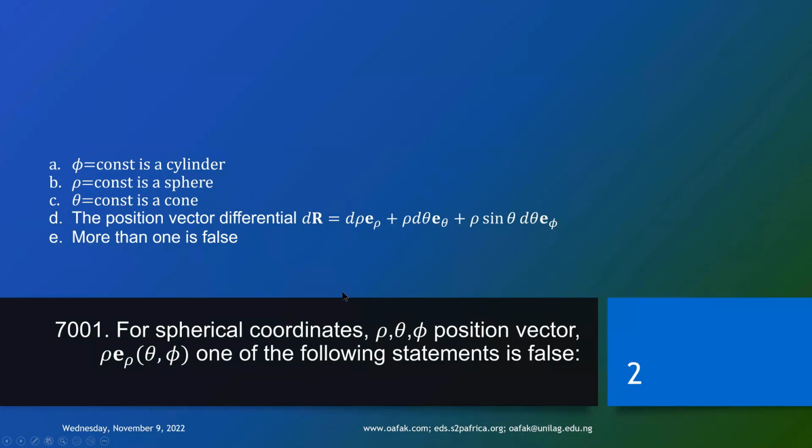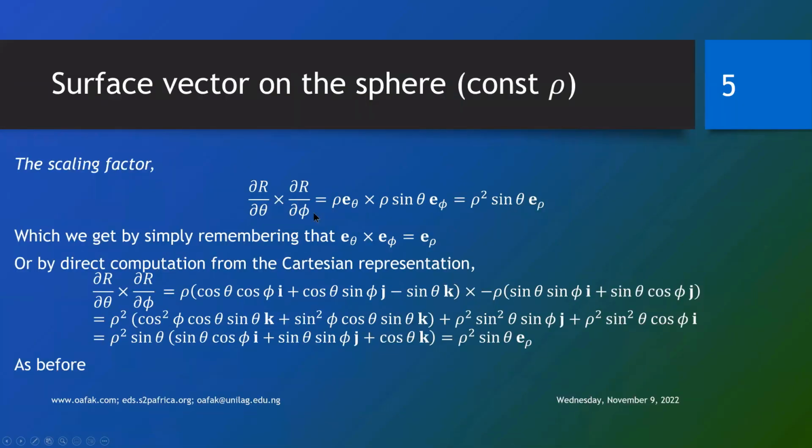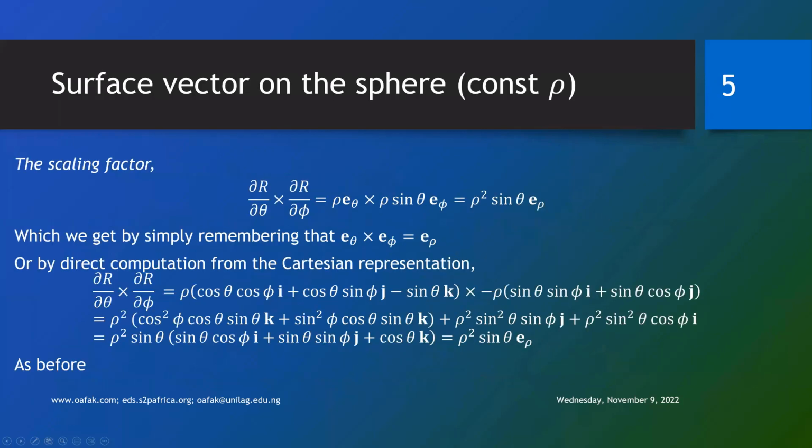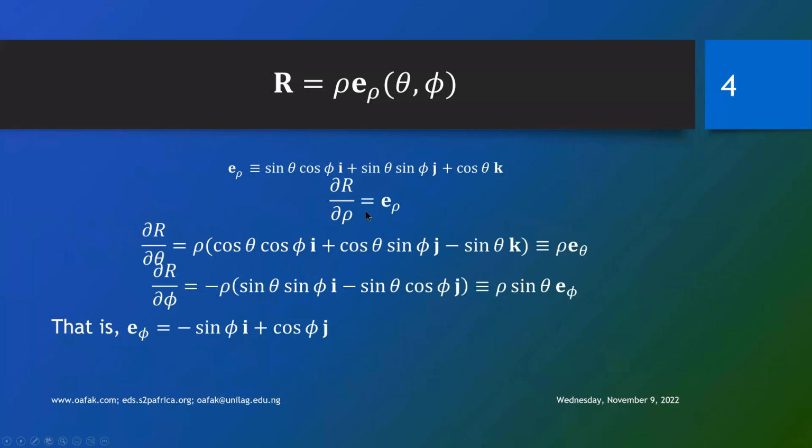And they come from the differentiation there. The dR is dR by d rho, dR by d theta, dR by d phi, which gives you this. After computing dR by d rho, which you computed here, that dR by d rho is E rho, dR by d theta is rho E theta, and dR by d phi is rho sin theta E phi.